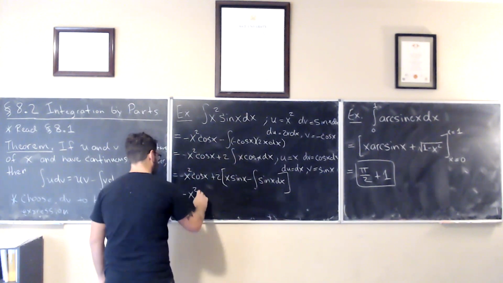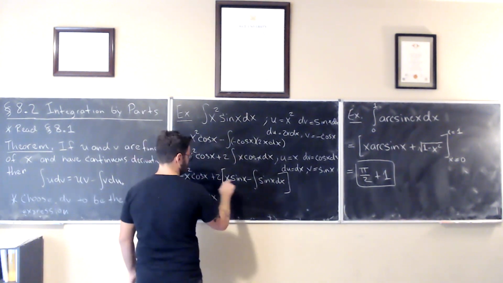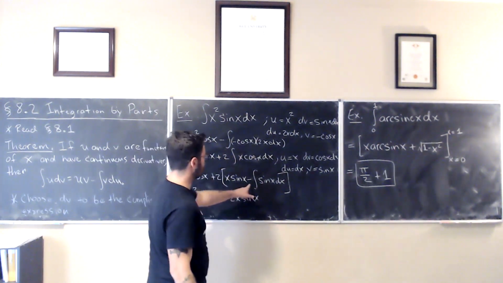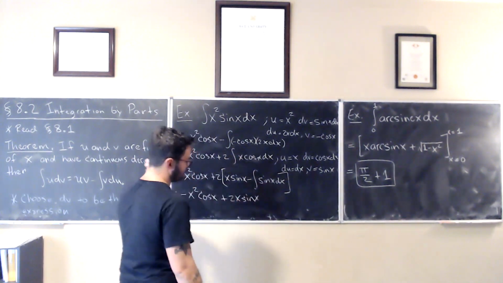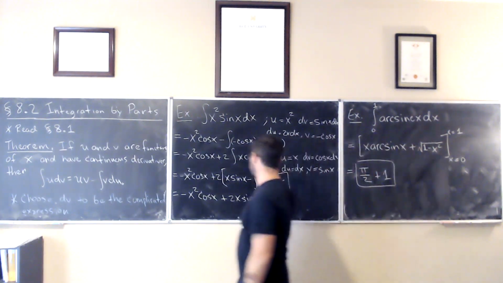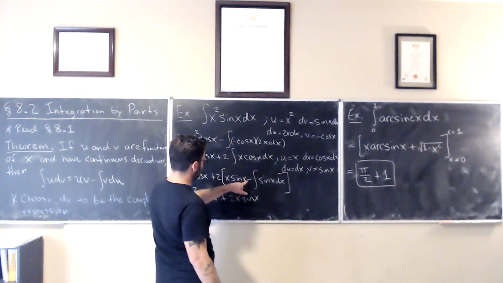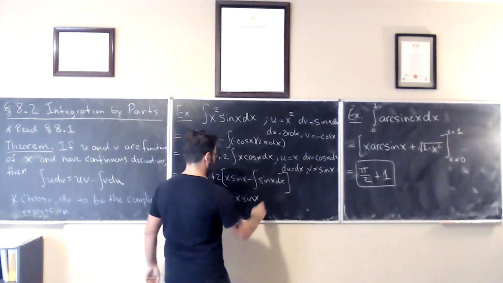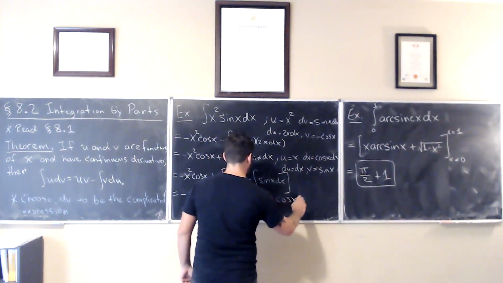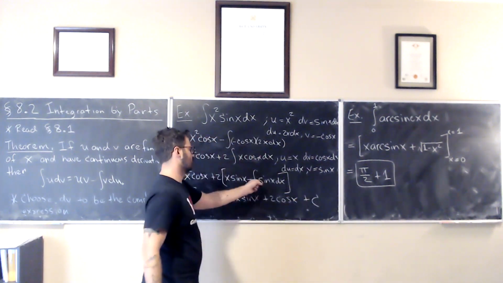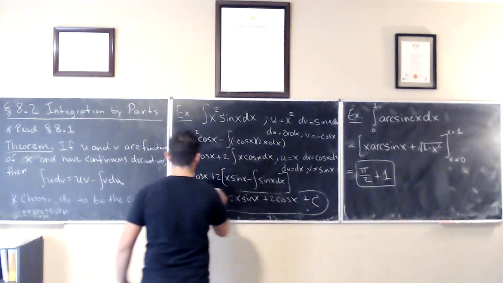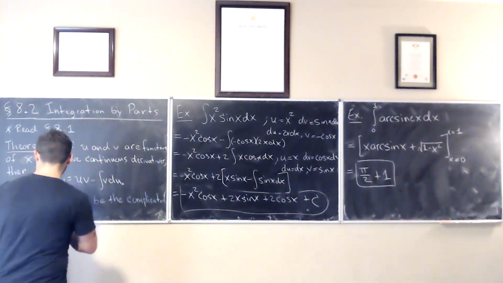So all together, the 2 multiplies that, x sine x, and then 2 multiplies the integral of this. So the integral of sine is negative cosine, and there'll be negative cosine, so this would be plus 2 cosine x. Let's see, because the negative makes it positive, and the 2 multiplies in, and all together, there you go. Okay.